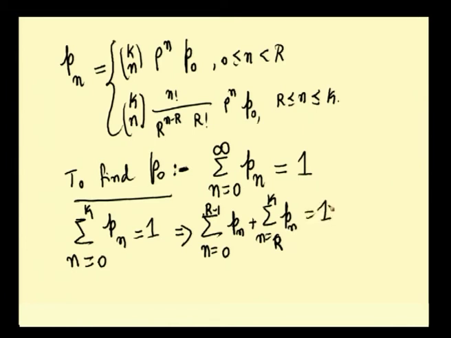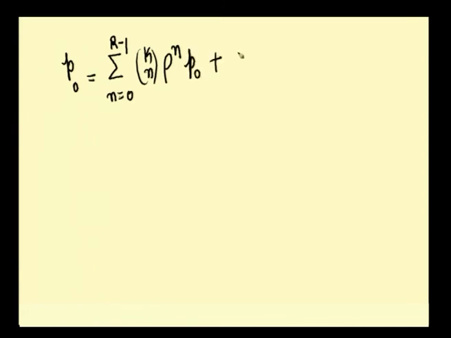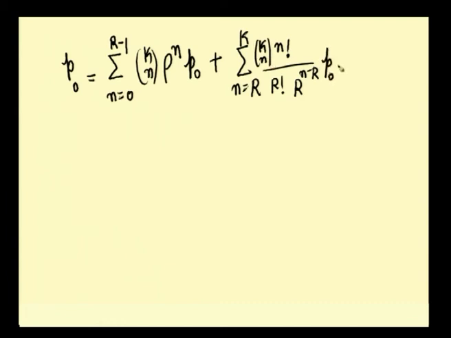Now, when we substitute these expressions, the value we get is the following, namely P naught equal to summation n equal to 0 to capital R minus 1 K C n rho power n into P naught plus summation n equal to capital R to capital K n factorial divided by R factorial R power n minus R, and we have a K C n here into P naught, this is equal to 1.